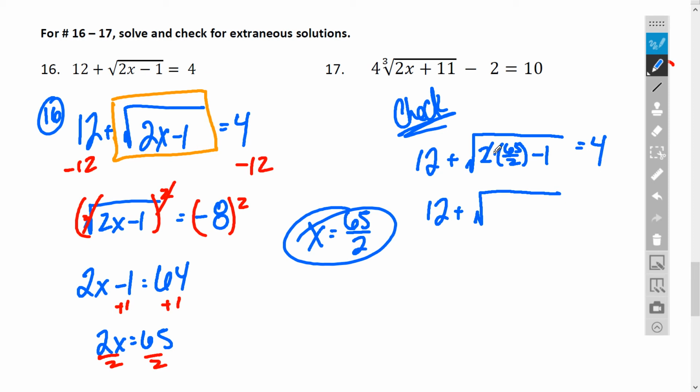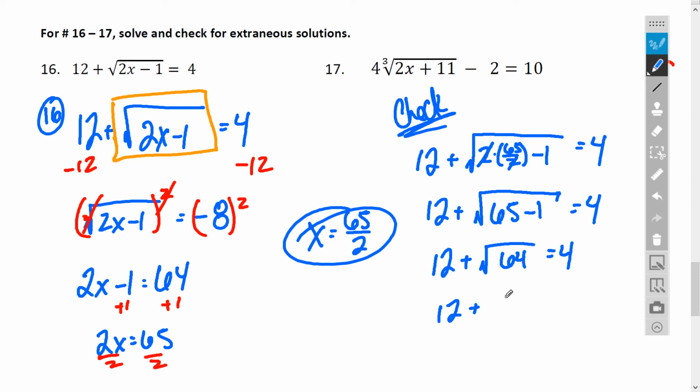All right, so these 2's cancel. 2 multiplied and 2 divided cancel, so we have 65 minus 1. So this is 12 plus the square root of 64 equals 4. Square root of 64 is 8, so 12 plus 8 equals 4.